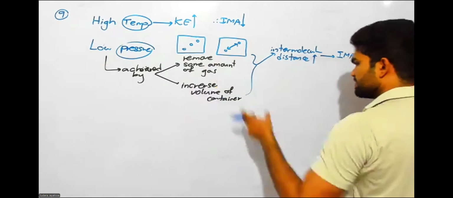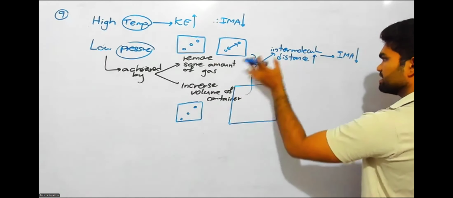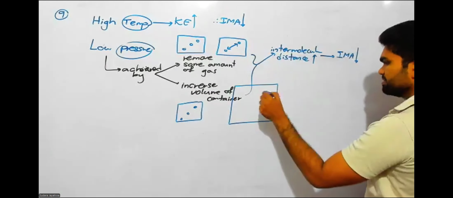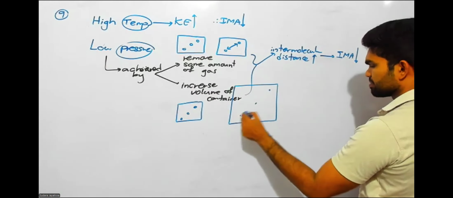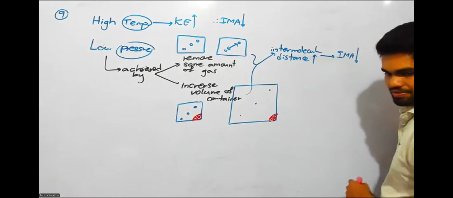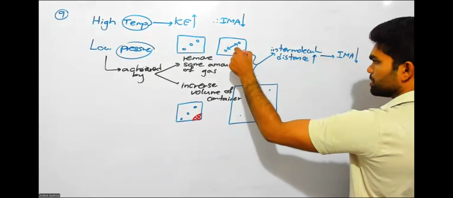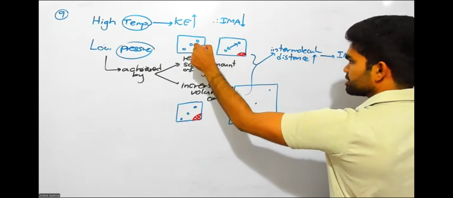And the other thing, when you increase the volume, can you see what has happened? Now again the distance increases, the same thing can happen. And another thing can be understood. When you put those 3 molecules here, the volume that they take from the container is negligible. Here also, when 2 molecules take some volume, it is negligible when compared to the volume that 3 molecules were taking.